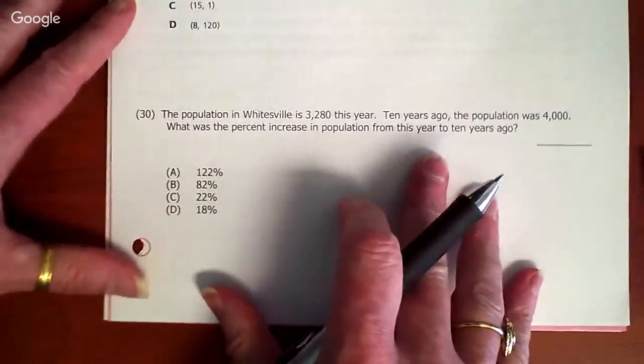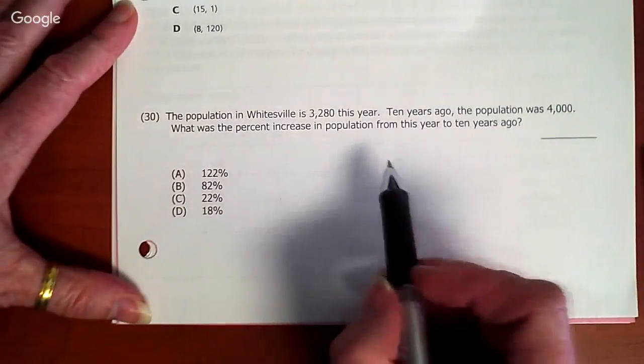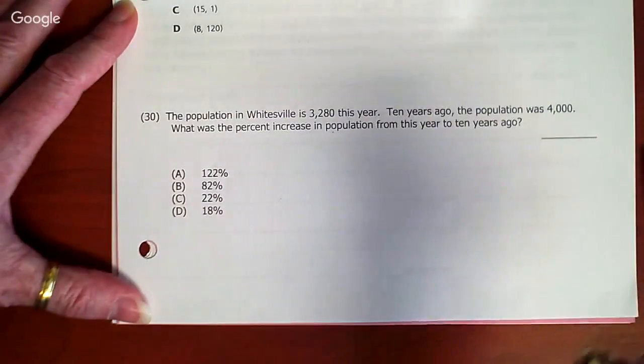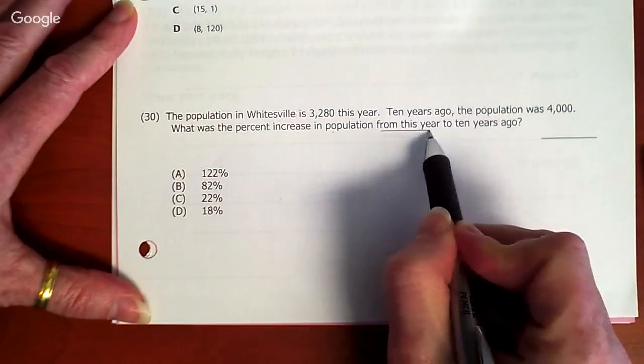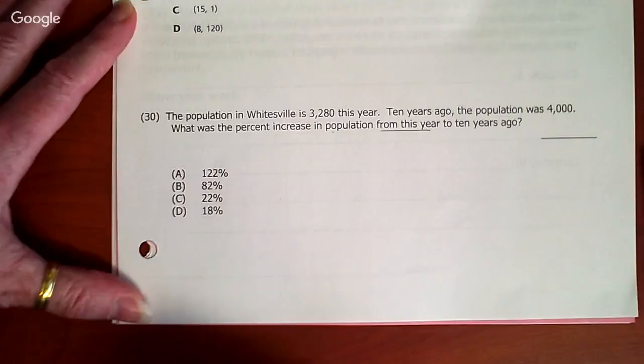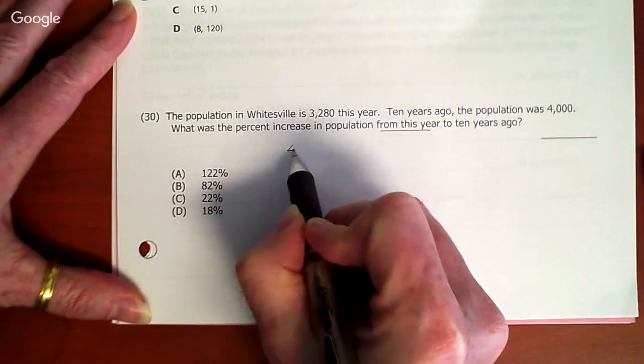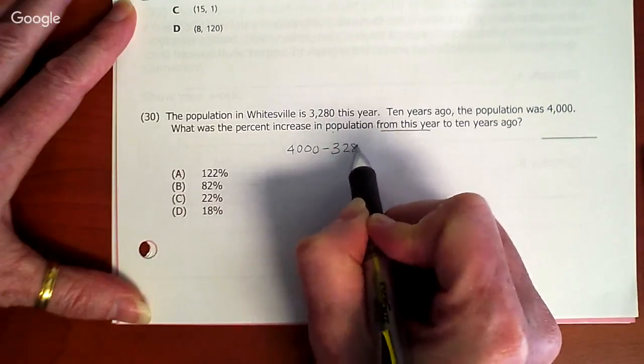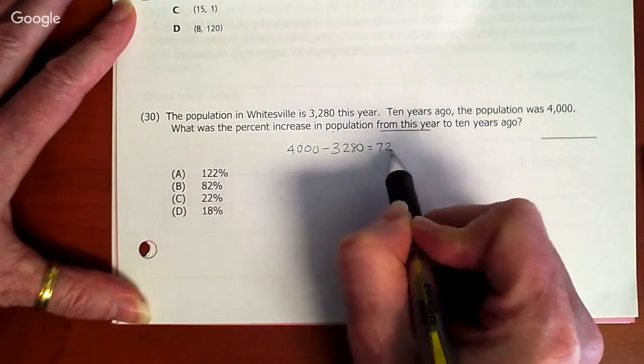And finally, number 30 here. The population, it wants to know what is the percent increase in the population from this year to 10 years ago. So we subtract the 4,000 minus the 3,280, which is 720.